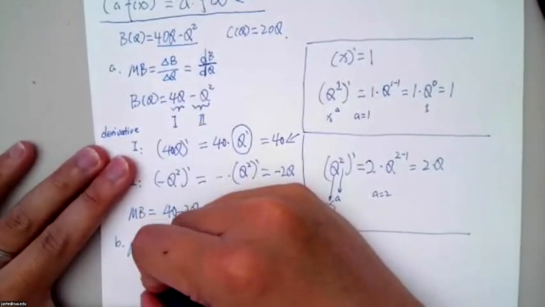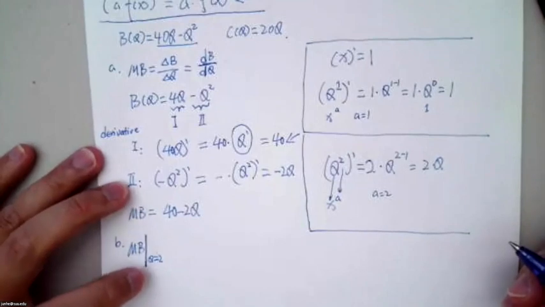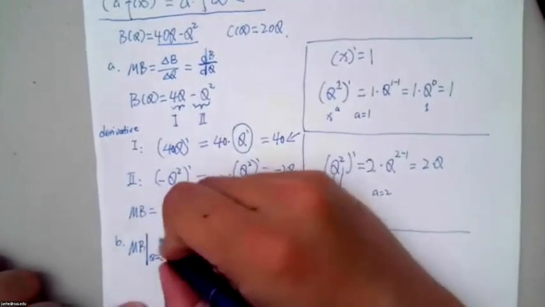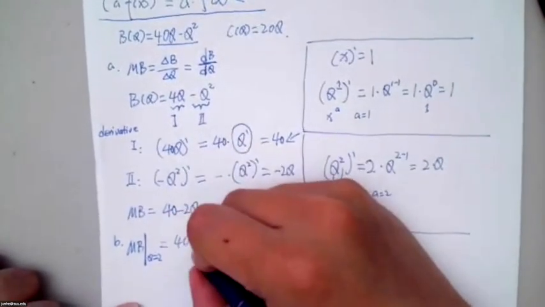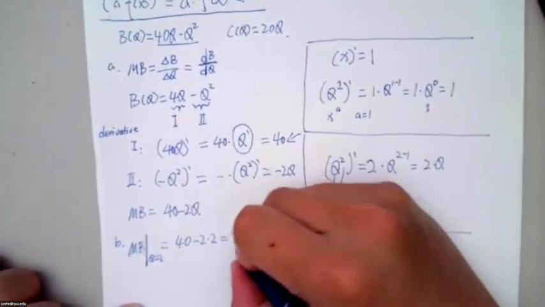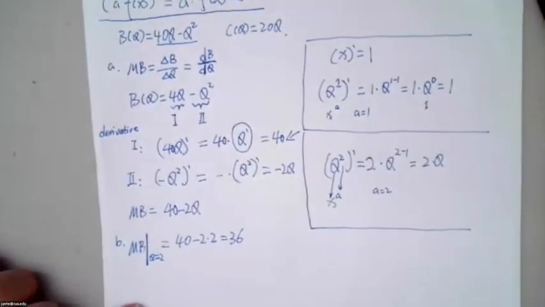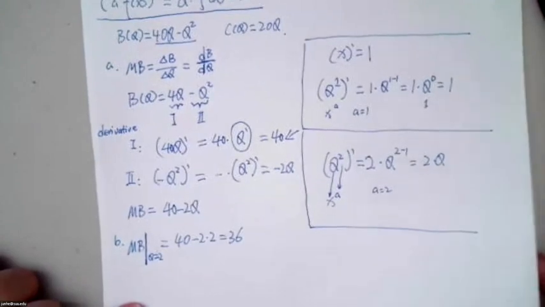This vertical line means if q equals 2, so we just plug this in. 40 minus 2 times 2, which is 40 minus 4, 36.